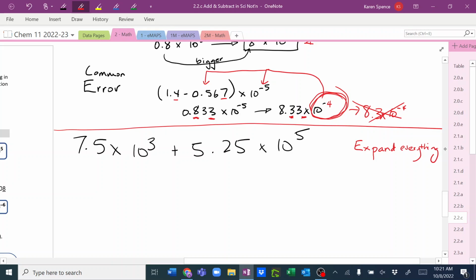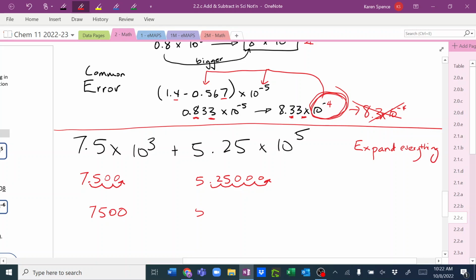Okay, so you could take 7.5 times 10 to the 3. Move your decimal place 1, 2, 3 places, which would give you 7,500. And we would take 5.25 times 10 to the 5, and we would move our decimal place 1, 2, 3, 4, 5 places.